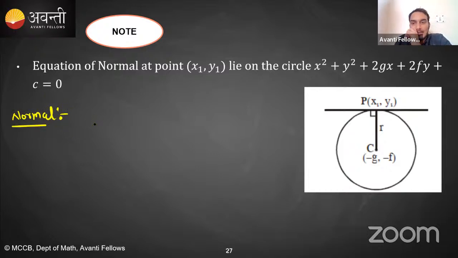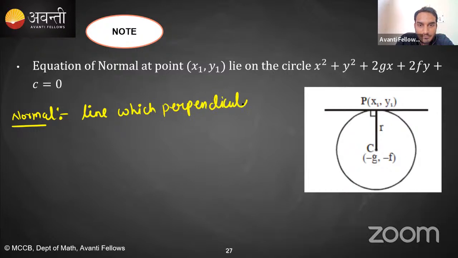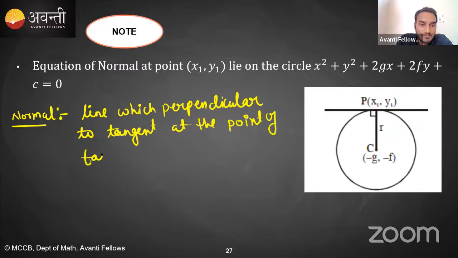Normal is nothing but a line which is perpendicular to the tangent at the point of tangency.